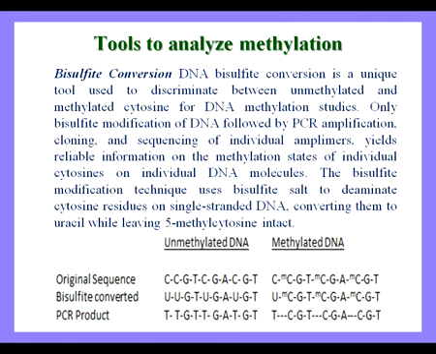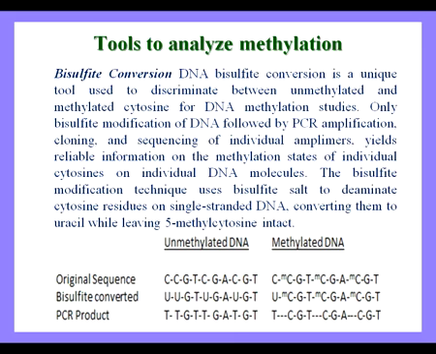So bisulfite converts cytosine into uracil, and when we do PCR, that is polymerase chain reaction, uracil base pairs with thymine during replication. So, by sequencing them again, we can differentiate the methylated cytosine and unmethylated cytosine. So this bisulfite sequencing is the only reliable method to find out the methylation pattern of the DNA.